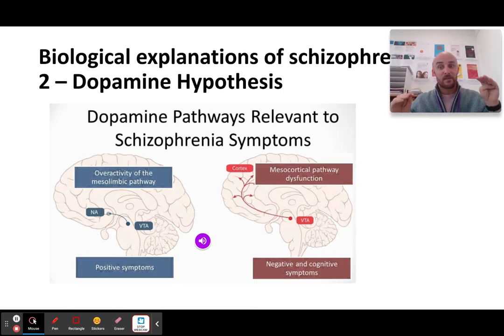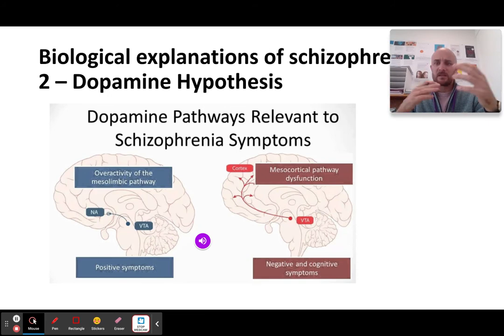So this theory, the full dopamine hypothesis, has excellent explanatory power. Not only does it explain the positive symptoms of schizophrenia, but within the theory itself, it also has mechanisms to explain the negative symptoms of schizophrenia. So it's a phenomenally strong theory in terms of its explanatory power.